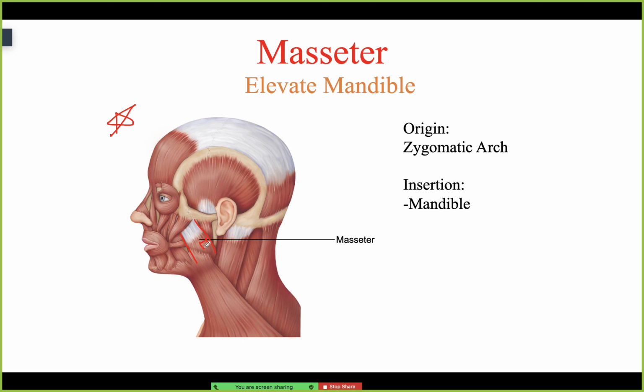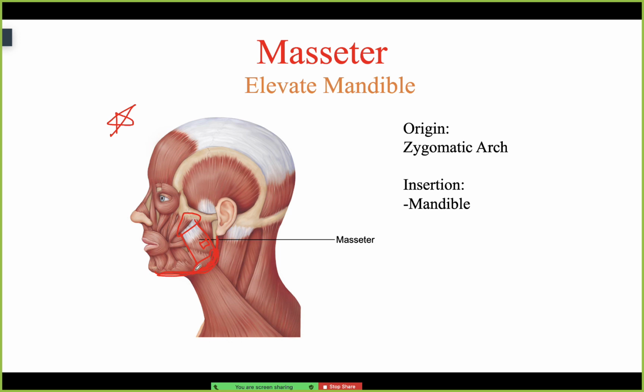The job of the masseter is to elevate your mandible. So let me just draw the outline of the mandible right there. And this masseter comes down here. The origin, the immovable part, is up here at the zygomatic arch. And the insertion is in the movable bone at the mandible down over here. Remember the mandible has like this curve at the bottom of it? It's like your jawline.